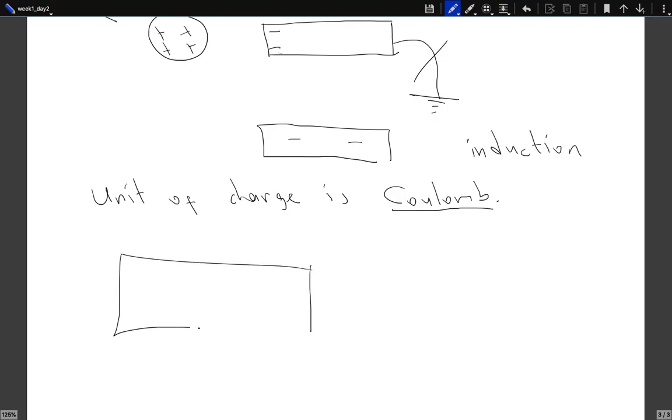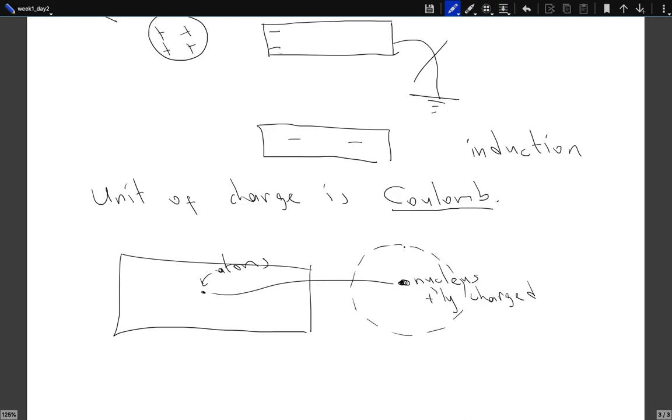So if you take any material, inside you have many atoms, and atoms are essentially, you have a nucleus which is positively charged, and around this nucleus we have electrons, which are negatively charged.